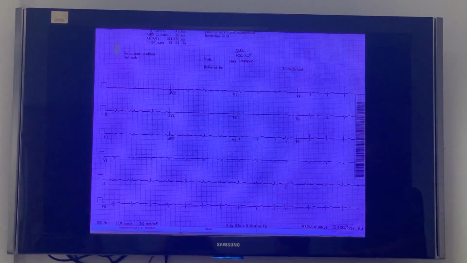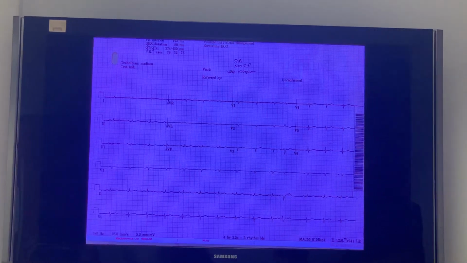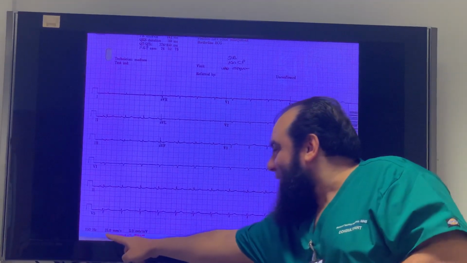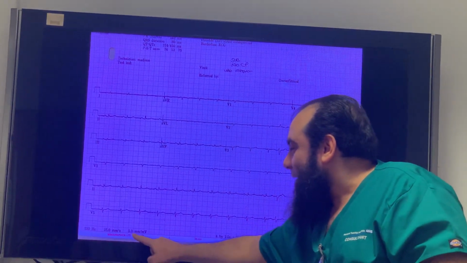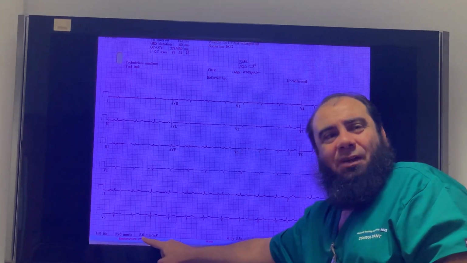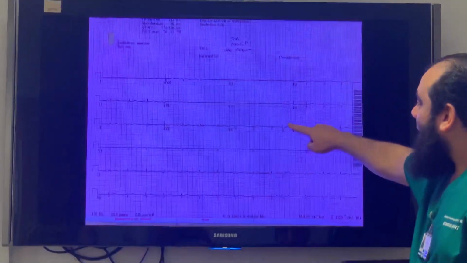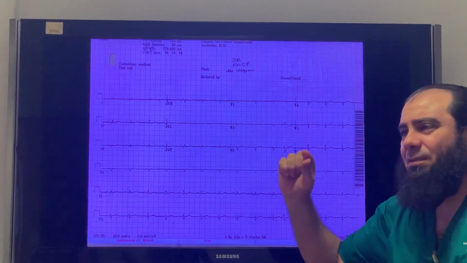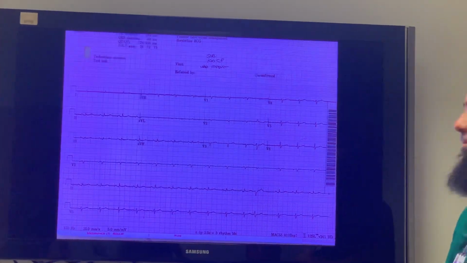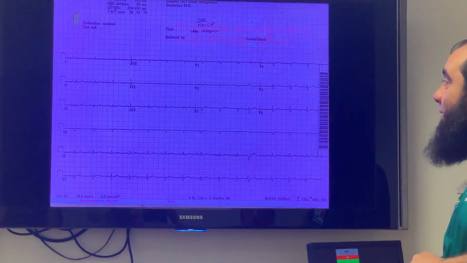This is the one. 25 mm per second. It's actually 0.5, not 1, per millivolt. That's why it came this way. It's very short, isn't it? And we have corrected that.